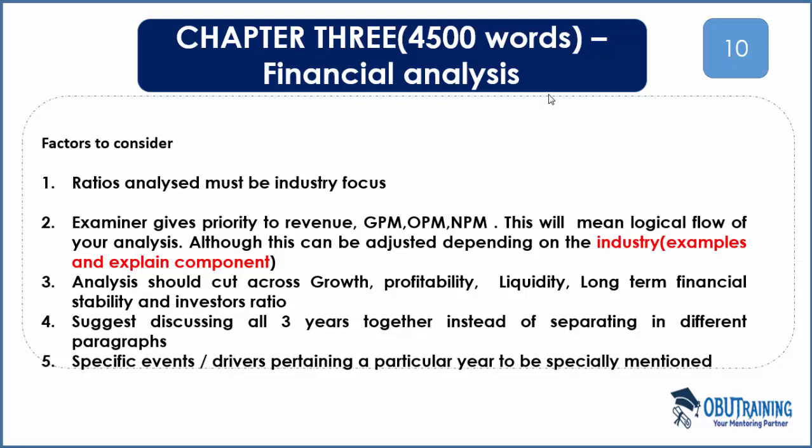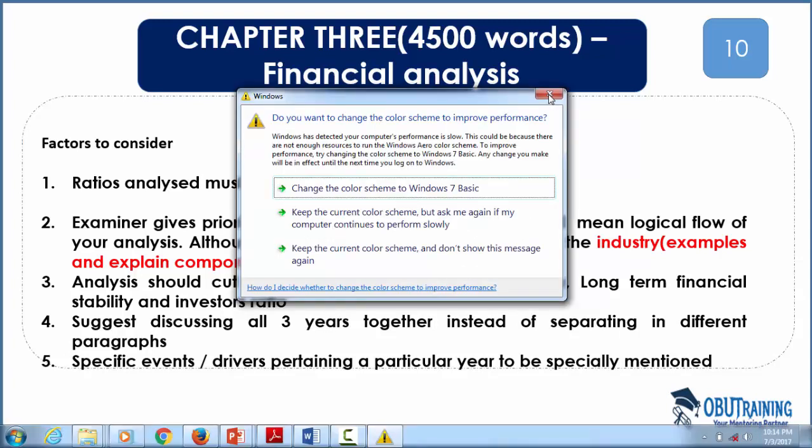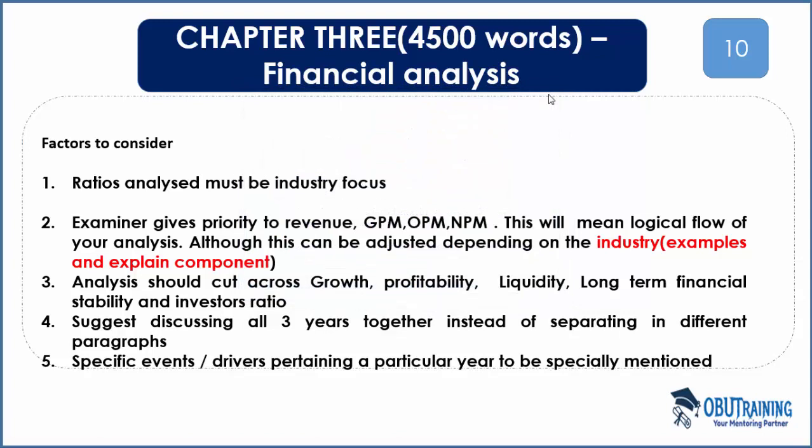So point 2, the examiner gives priority to revenue, to measure the growth, gross profit margin, operating profit margin, and net profit margin. Why? The examiner really wants to see a logical flow in your analysis. So even if you are using another sector, try to have a kind of logical flow where you can talk about the growth, you can talk about gross profit margin, operating profit margin, and net profit margin.